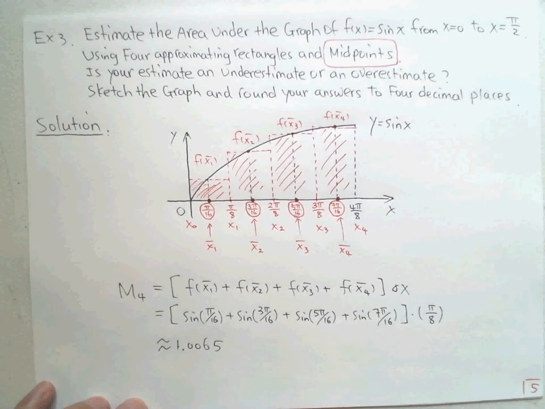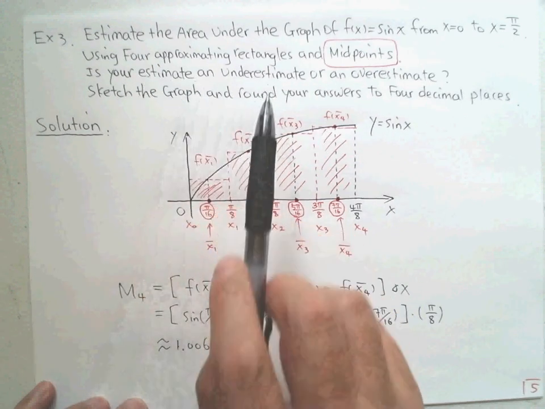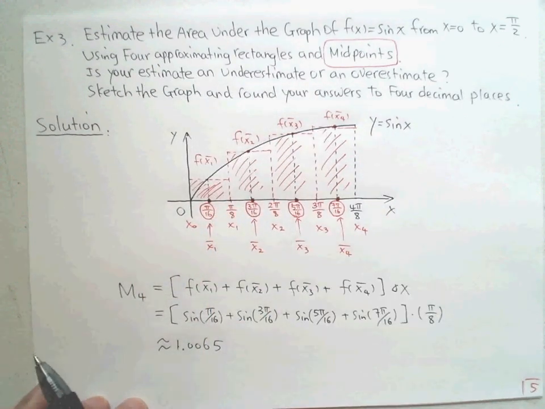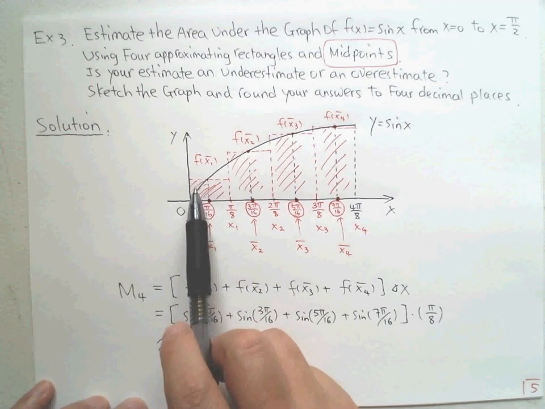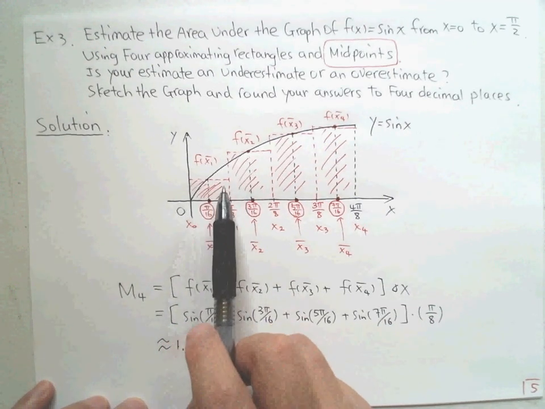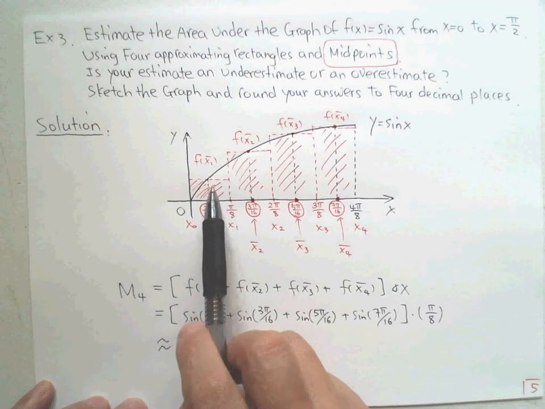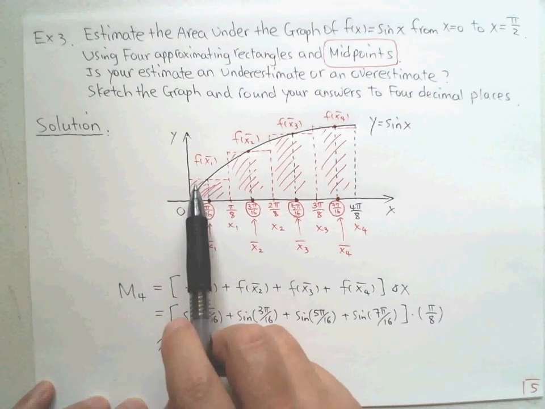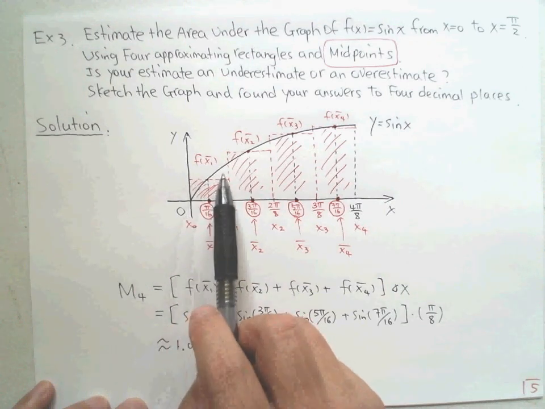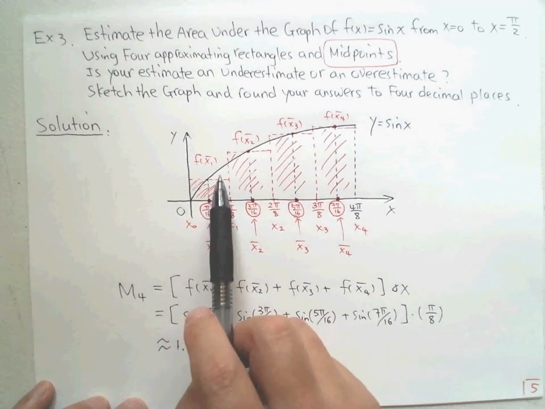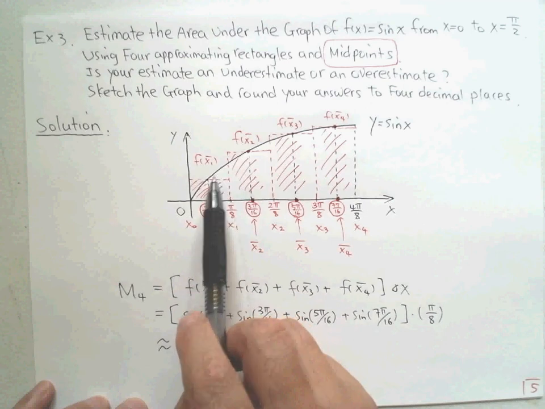So we have one more question to answer. Is your estimate this time underestimated or overestimated? Then we're going to see, can you tell? Can we tell? This time we cannot tell. We don't know, this area and this area. See, this is over, this is under. Which one is bigger? Do you know?